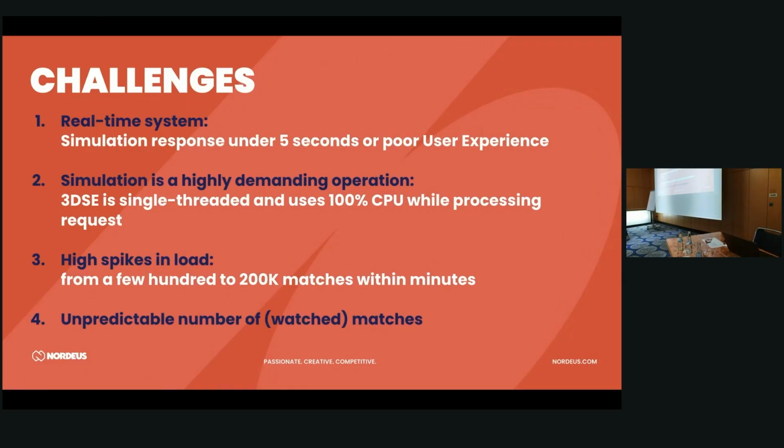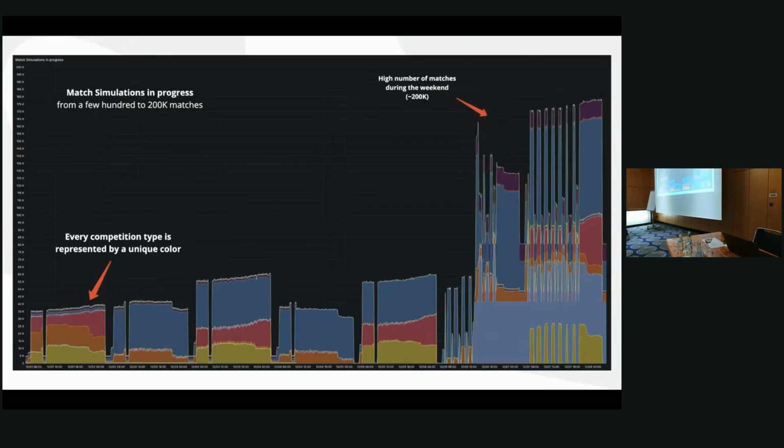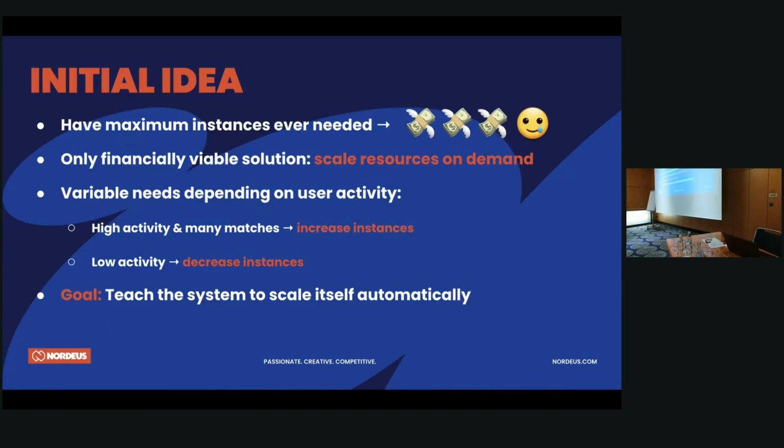We cannot predict how many users will watch these matches. And this is how the number of matches varies during the week. As you can see on the right side, on the weekend, it goes from a few hundred to 200,000 matches.